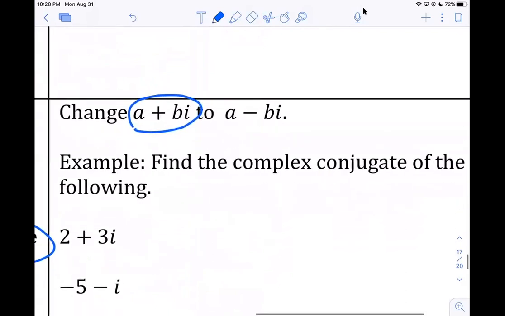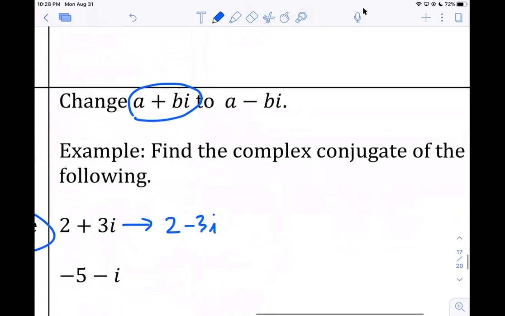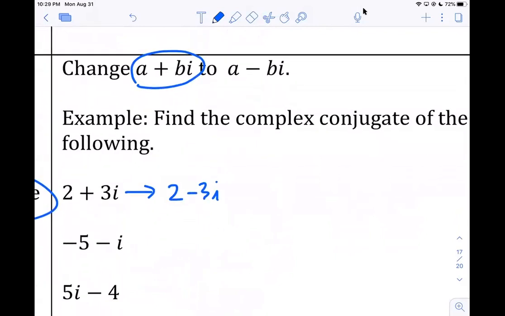So for example, if I have 2 plus 3i, the complex conjugate would be 2 minus 3i. Then what is the complex conjugate of -5 minus i? That is -5 plus i. So remember, we only change the sign between the two terms. We don't change the sign on -5.